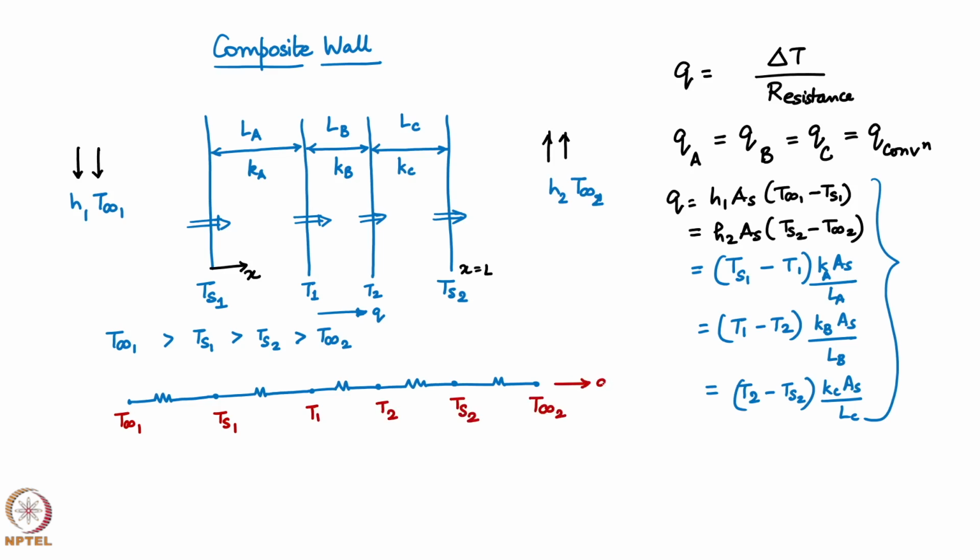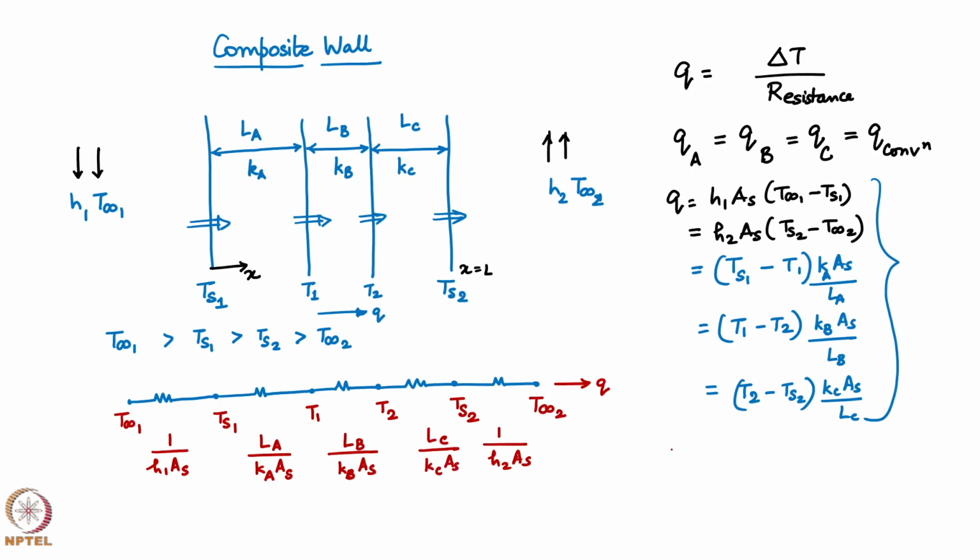This is my direction of Q, and my resistances are 1 over H 1 A S, 1 over H 2 A S, L A over K A into A S, L B over K B into A S, L C over K C into A S.